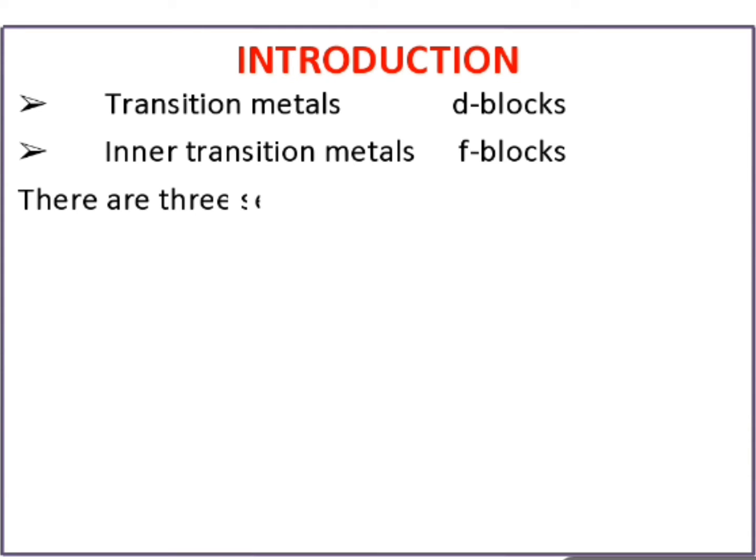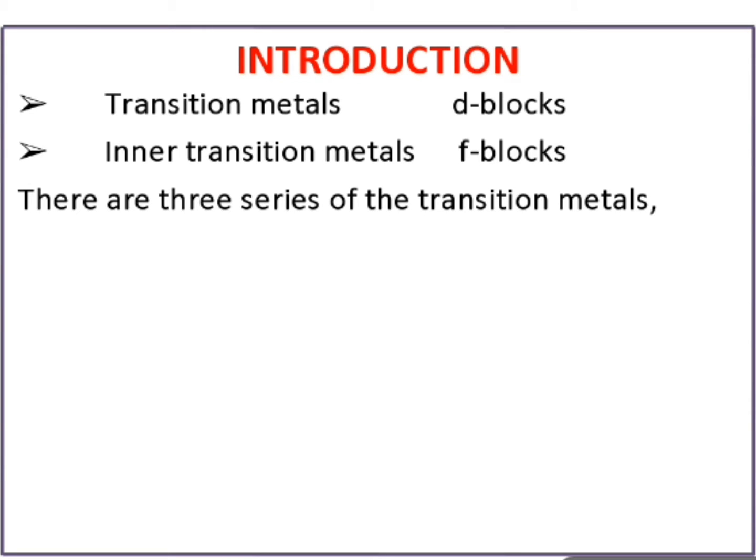There are three series of the transition metals. In the periodic table, you have seen that the first series starts from scandium, the second starts from yttrium, and the third starts from lanthanum.